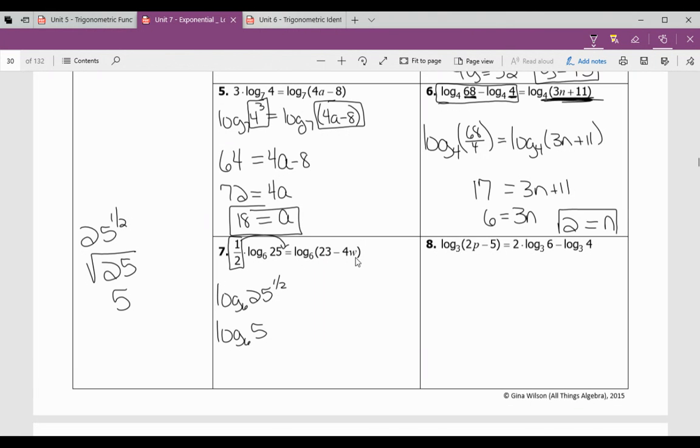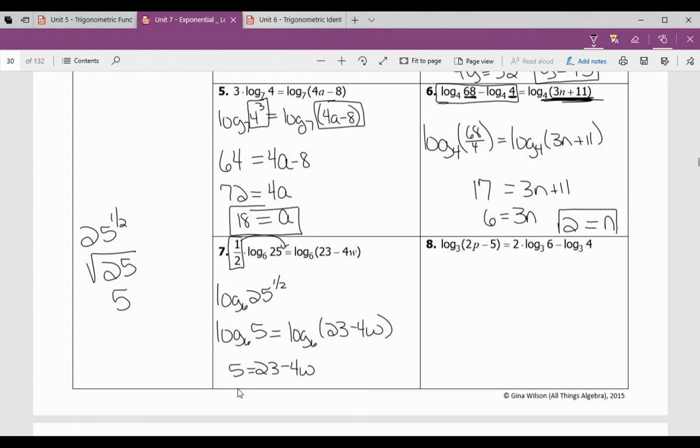Do y'all agree? No powers, no. So now all I have to do is set it equal, solve it, and check it to make sure I can keep that answer. So 5 equals 23 minus 4W.